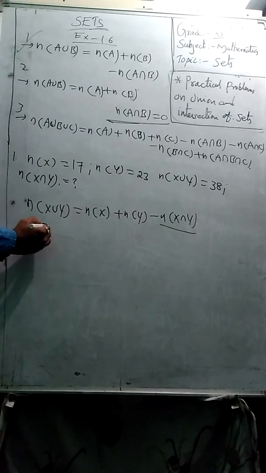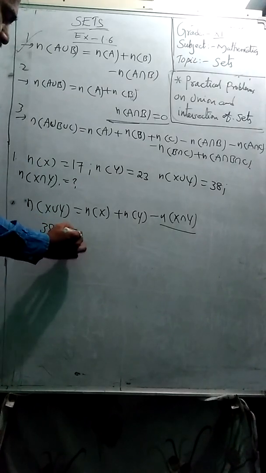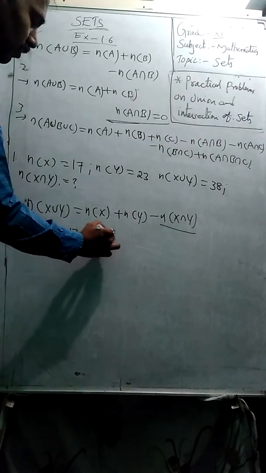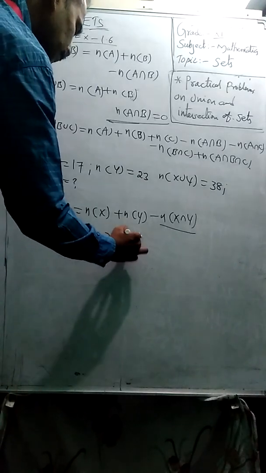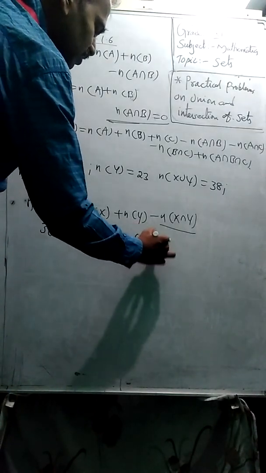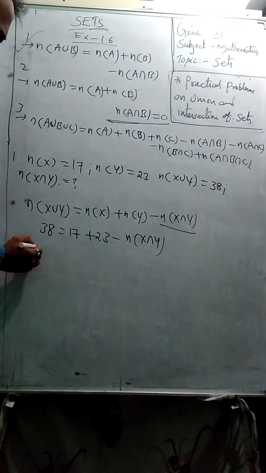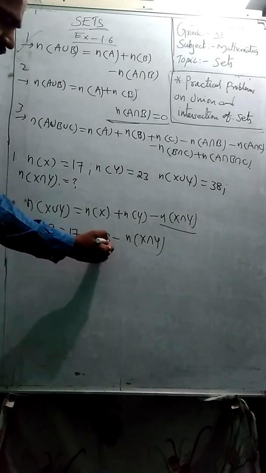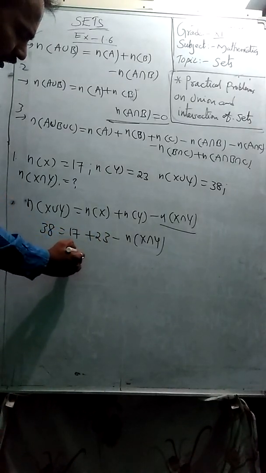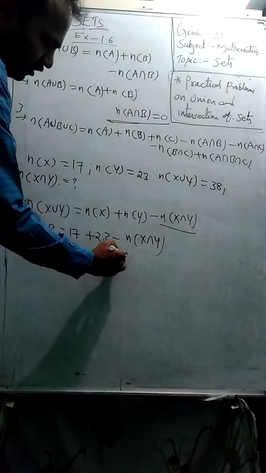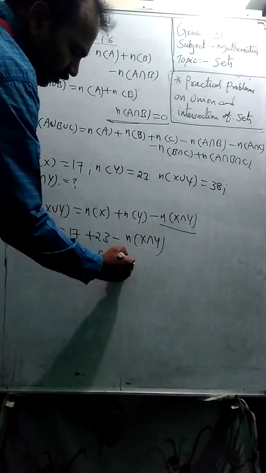Let me substitute 38 equals 17 plus 23 minus n of x intersection y. If you add here 17 and 23, we get 40, minus n of x intersection y.